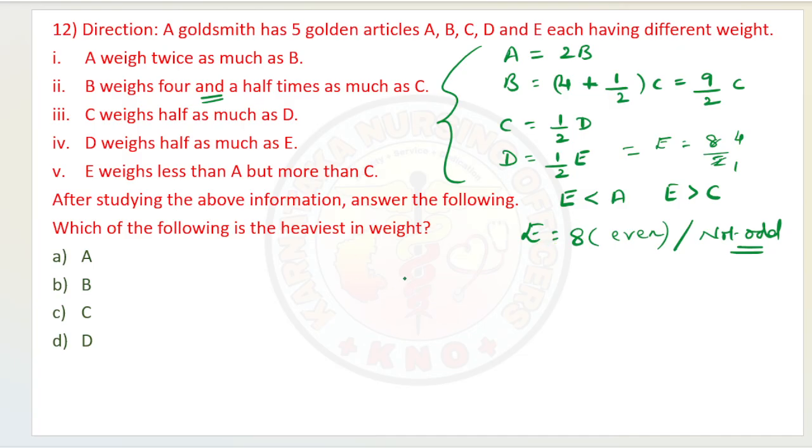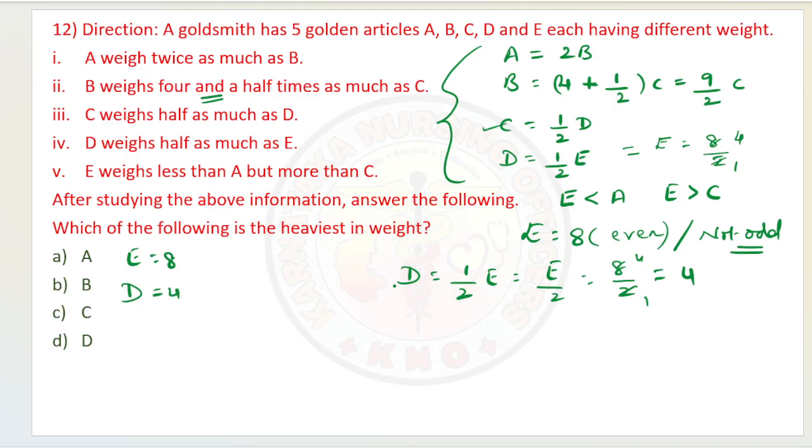So E value is 8. Now let us calculate the D value. You can consider any even value for E. D is equal to E by 2, which is 8 by 2, that is 4. So by taking E as 8, the D value becomes 4.